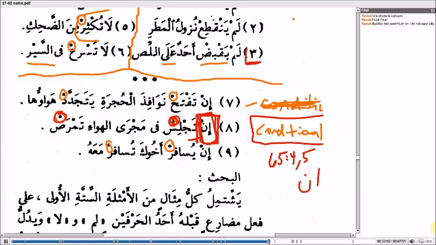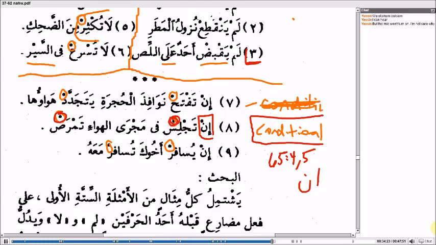The condition being there, the idea of if this then that, without the word in. Because the condition is what makes it majzoom, even if in isn't there. But in is a sign of condition. I was trying to find something without it.